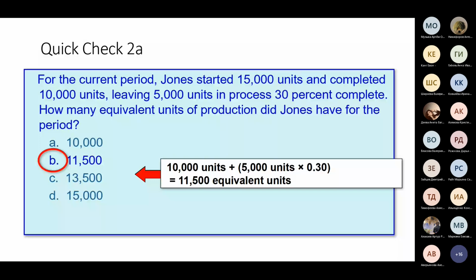But for the simplicity of the cost calculation, we use this assumption, for example, that 5,000 units 30% complete are the same as 1,500 units fully completed. We use this assumption for simplification of calculations.